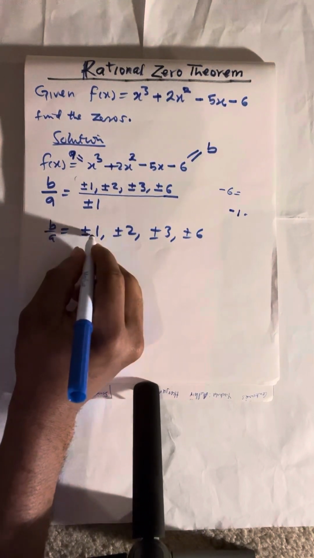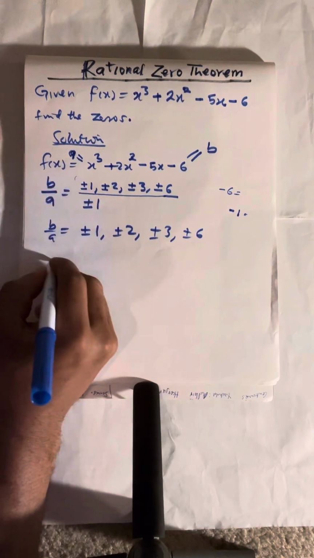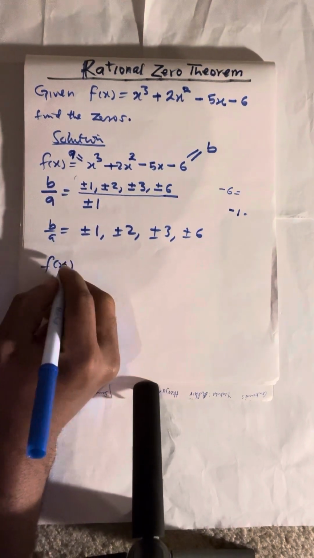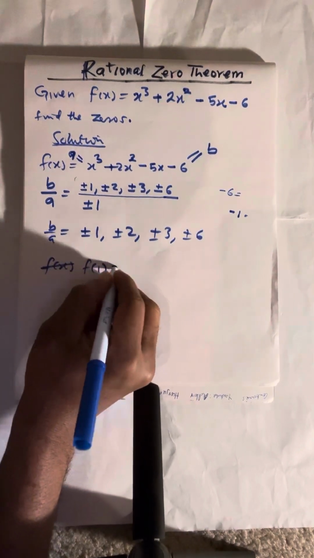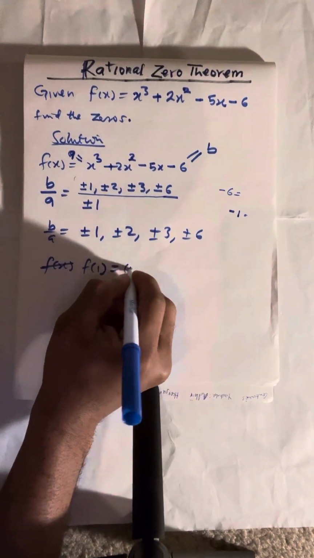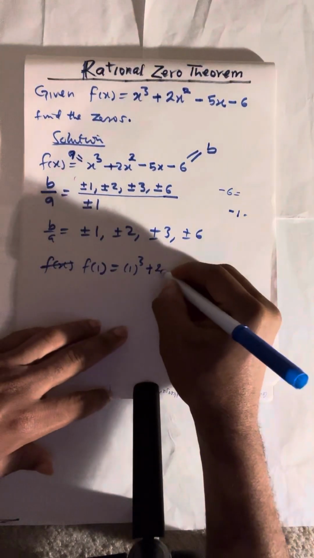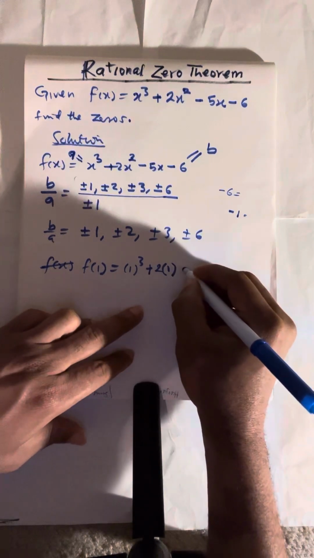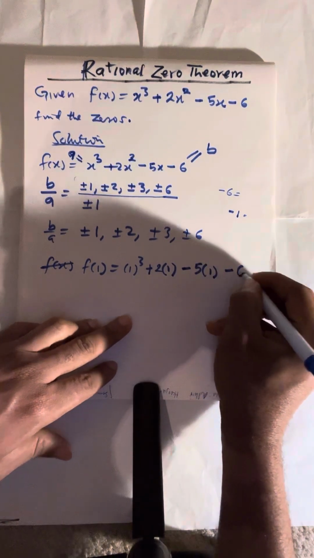Now let's try plus 1 here and put it into this function to see if f of x is equal to 0. I'll say f of 1 is 1 raised to power 3 plus 2 into brackets 1 squared, minus 5 into brackets 1, minus 6.